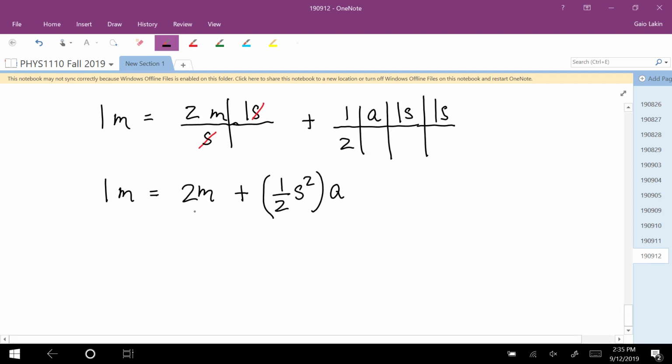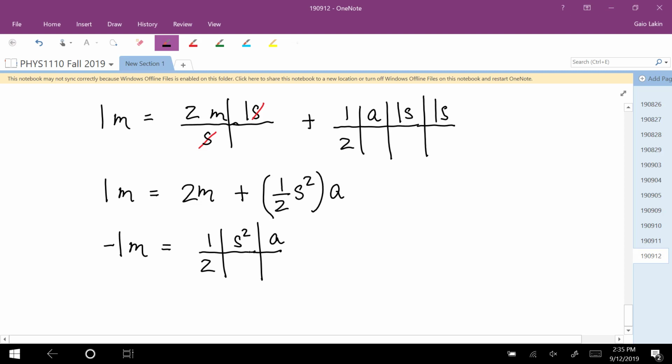Now I can subtract 2 meters from both sides to get this term with A in it by itself. So 1 meter minus 2 meters is -1 meter is equal to, and actually I'm going to rewrite this back out as 1/2 times seconds squared times A. And now I'm going to divide both sides by 1/2 times seconds squared to get A by itself.